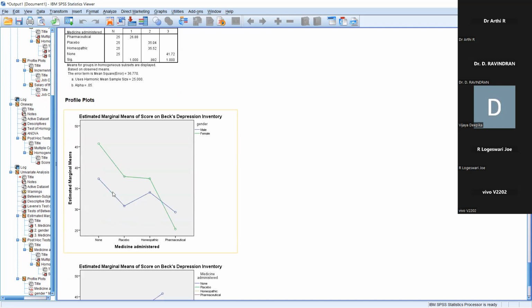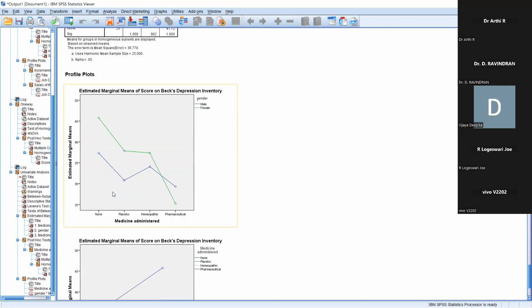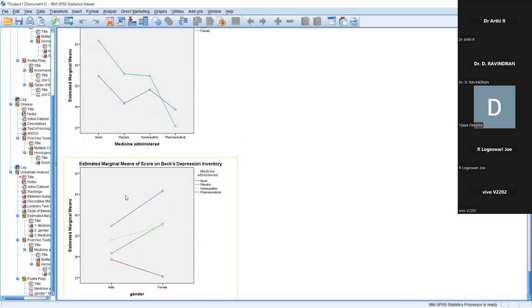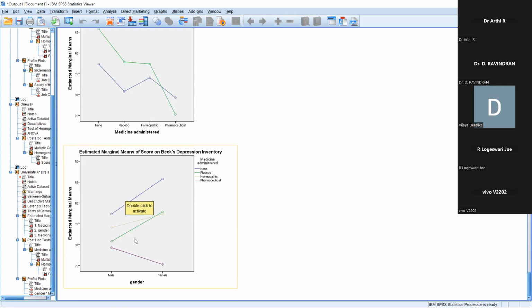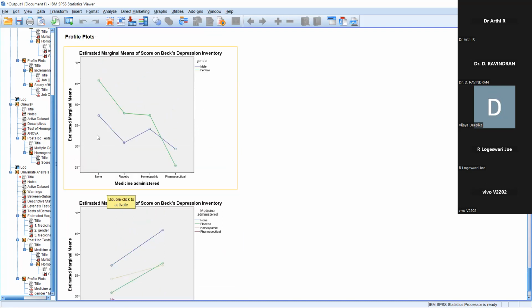Now see this particular graph at the bottom. See this. For male and female, how it is varying. Similarly, in the first table also, you find that the green line is the female line.